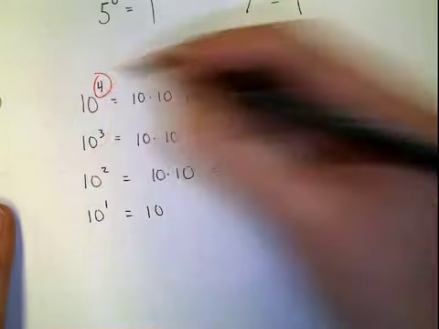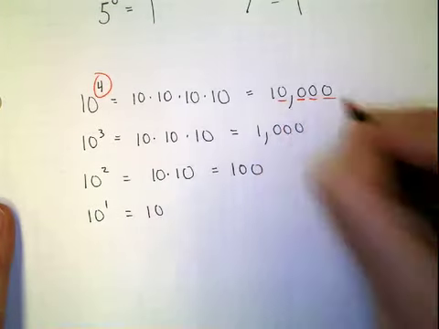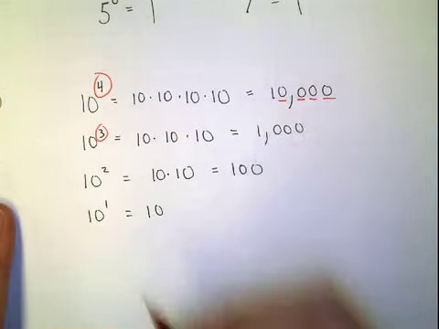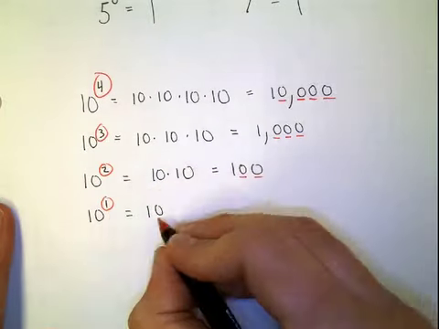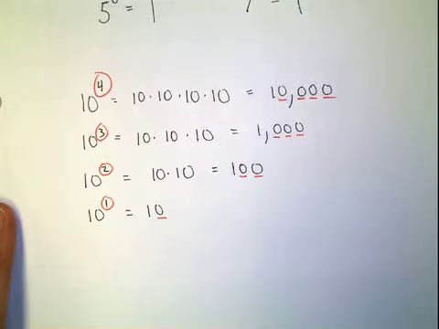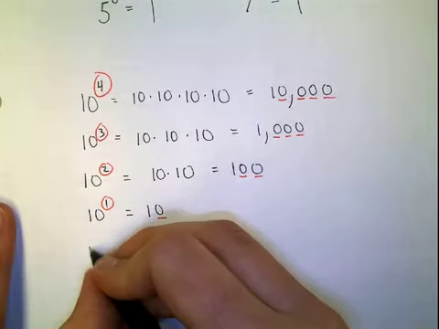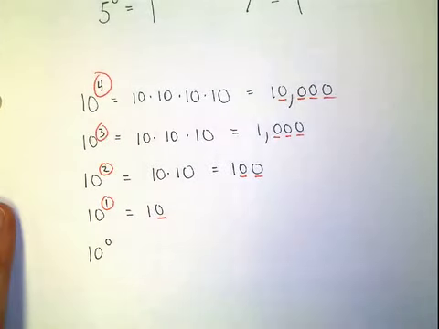So look at the pattern here. When I had a 4th power, I had 1, 2, 3, 4 zeros. When I had a 3rd power, I had 1, 2, 3 zeros. When I had a 2nd power, I had 2 zeros. When I had a 1st power, I have 1 zero. So if I was to continue the pattern and say now I have 10 to the 0 power, well, think about this pattern.